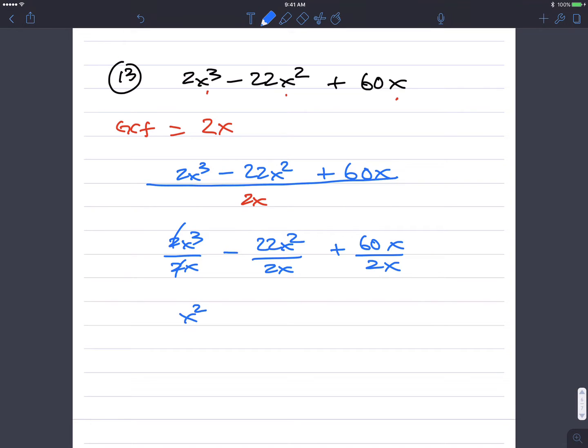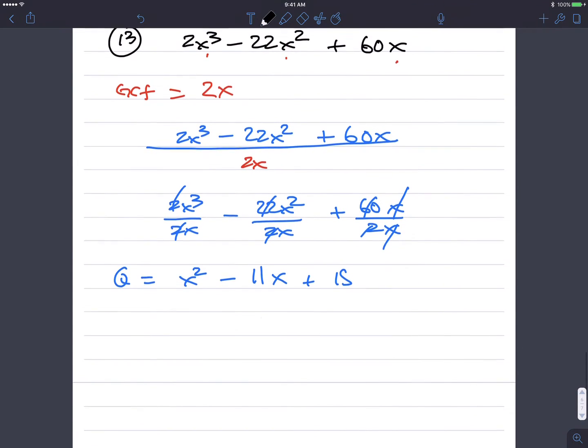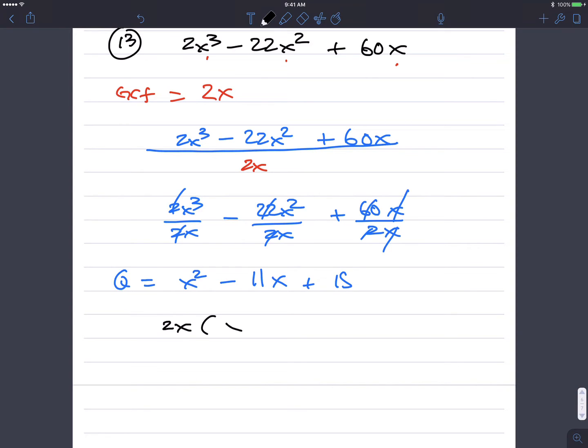And you have x squared, minus 22 divided by 2 is 11. X squared over x is just x. And then 60 divided by 2, isn't that 30? And x over x cancels. So here's my quotient. So this is all the work we did when we did our division. Let's write our answer. So GCF is 2x, quotient x squared minus 11x plus 30. Mister, isn't it 30? Oh, you're right, 30. Good job. Thank you.